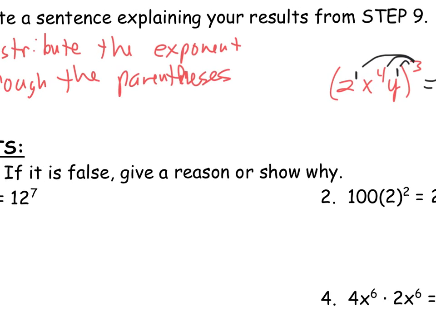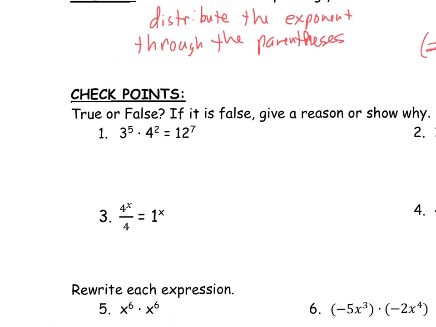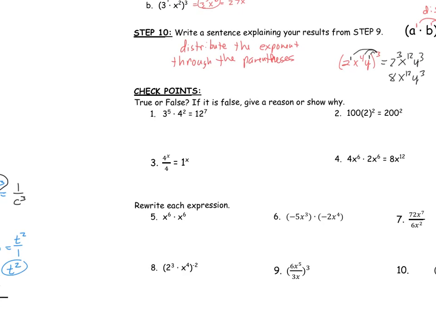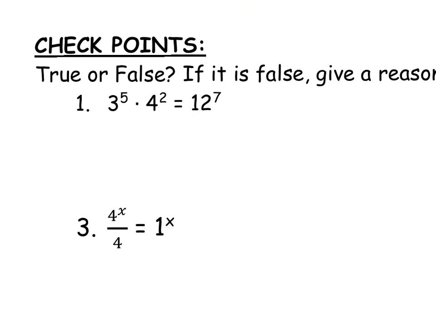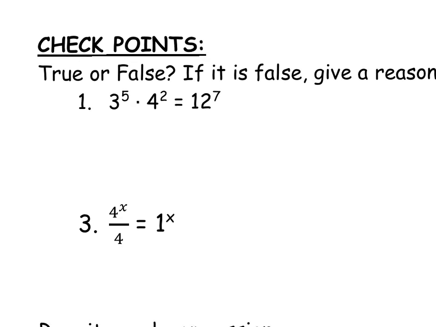So finishing this up, these true or false questions, these are good questions, and I'll let you guys finish up the 5 through 10. True or false? Is 3 to the 5th times 4 to the 2nd equal to 12 to the 7th? 3 times 4 is 12, but these are not like bases, so I can't add the exponents.